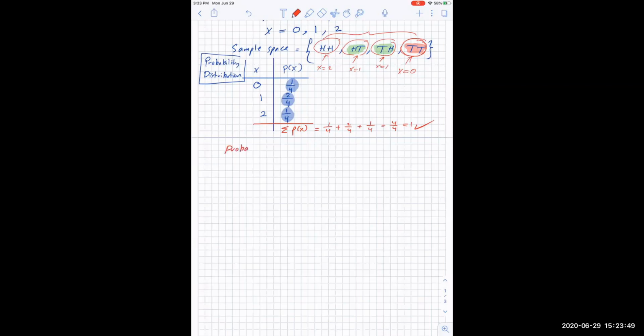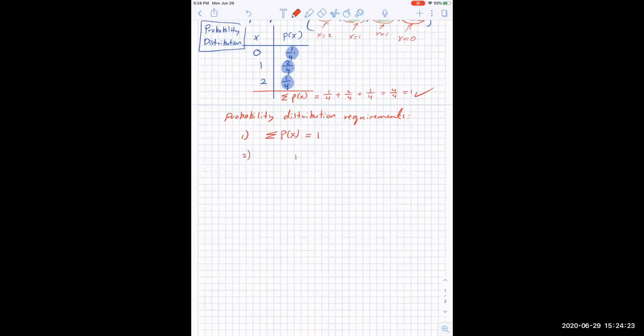Probability distribution requirements. Number 1, the sum of all the probability values in the second column of the table must be equal to 1.